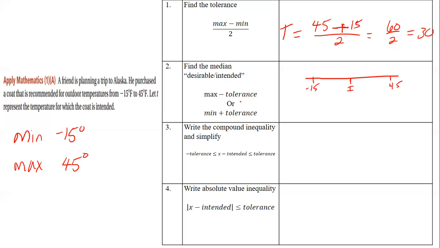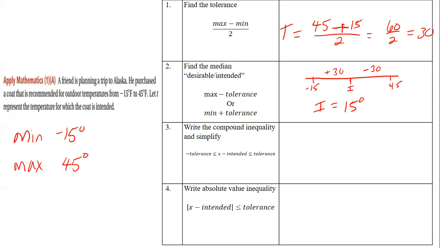So that means my intended value is my max minus my tolerance, or my min plus my tolerance. What is 45 minus 30, or -15 plus 30? 15. So my intended value equals 15. So the ideal temperature to wear this jacket is 15 degrees, right in the middle.